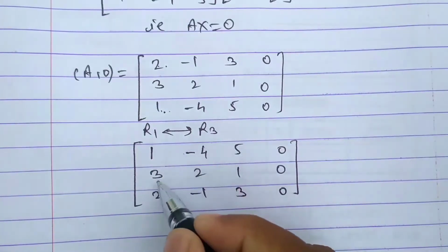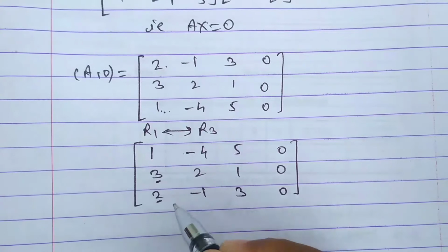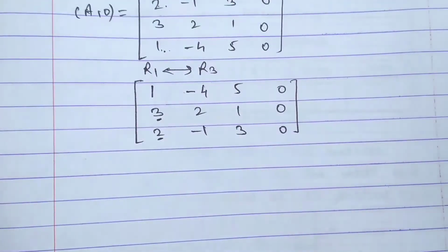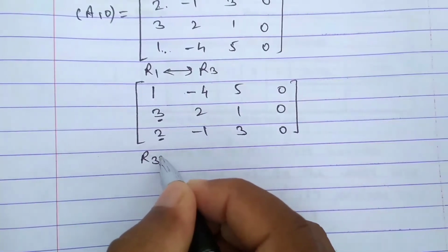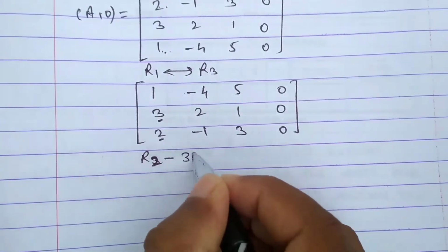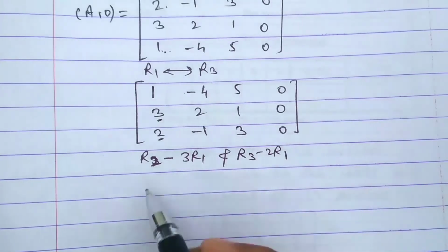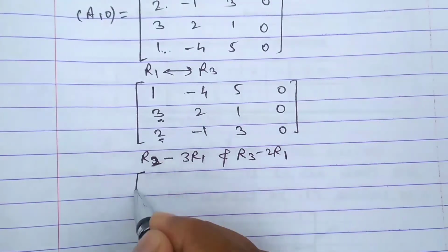Now here we have to make 0 and here also we have to make 0 by using row transformations only. So R2 minus 3 times R1, now R3 minus 2 times R1, to make here 0 and here 0.